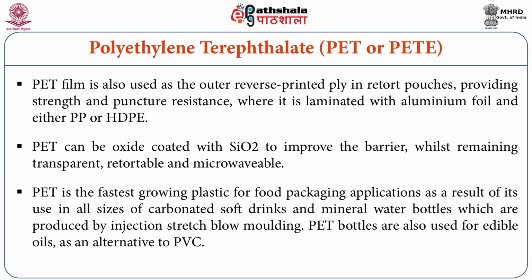PET is the fastest growing plastic for packaging applications as a result of its use for all sizes of carbonated soft drinks and mineral water bottles which are produced by injection stretch blow molding. PET bottles are also used for edible oils as an alternative to PVC.